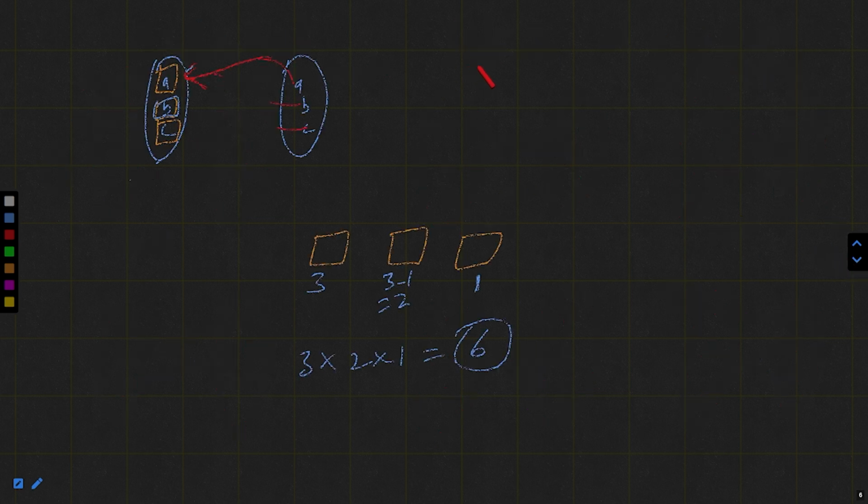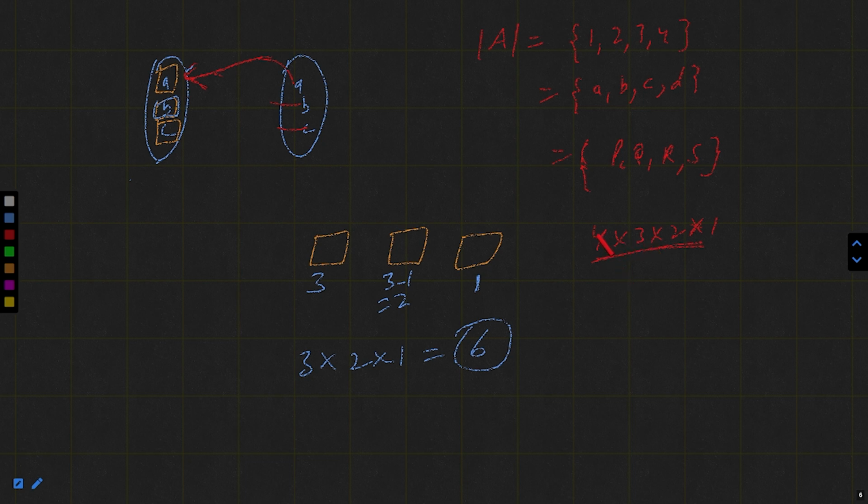What will the answer be if the elements in A are 4? 1 2 3 4, or A B C D, or P Q R S, whatever you want to name it. From the previous ones, you can say 4 times 3 times 2 times 1 is the number of onto functions.